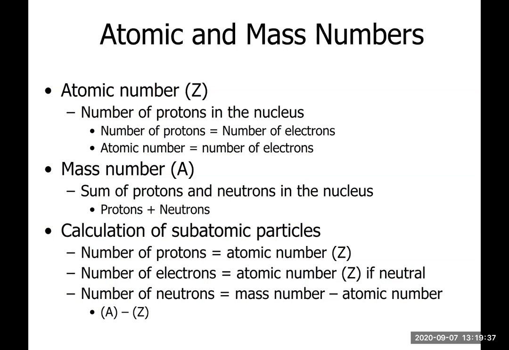We can keep track and actually calculate the contributions of the subatomic particles if we have a certain amount of information. Now, the atomic number, which is designated by this uppercase Z when we're using these kinds of calculations, and we use these kinds of calculations in what's called isotopic notation.